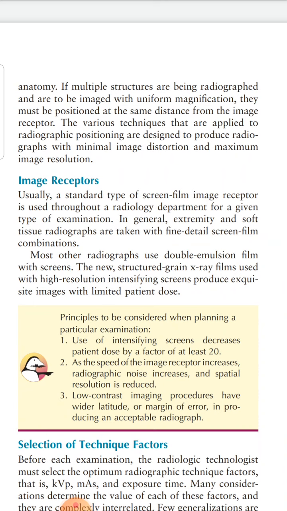The things that we should consider while positioning the patient are that you should keep your patient as close as possible to the image receptor. The axis should be parallel to the image receptor, and the central ray should be incident on the center of the structure. And finally, you should immobilize the patient so that you can avoid motion blur.